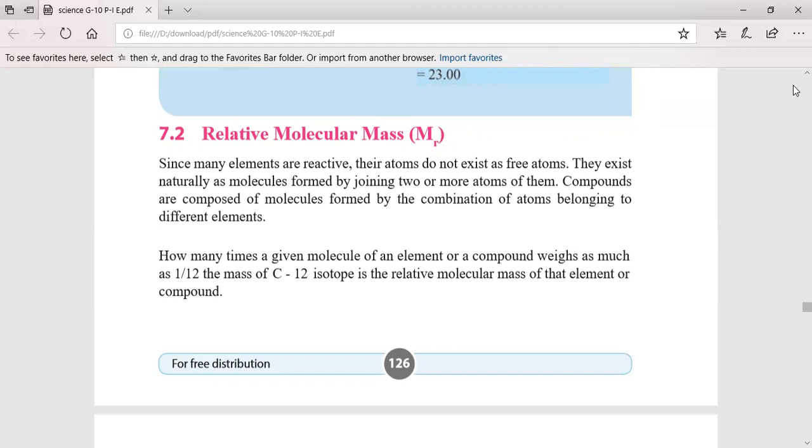How many times a given molecule of an element or a compound weighs as much as 1/12 the mass of the carbon-12 isotope is the relative molecular mass of the element or compound.